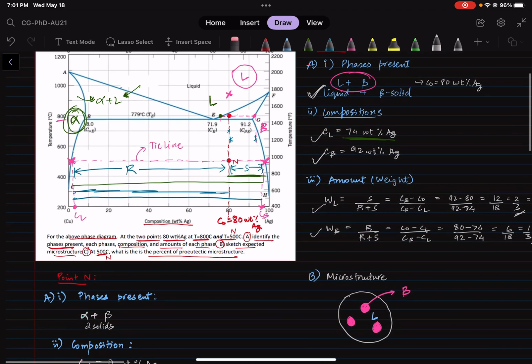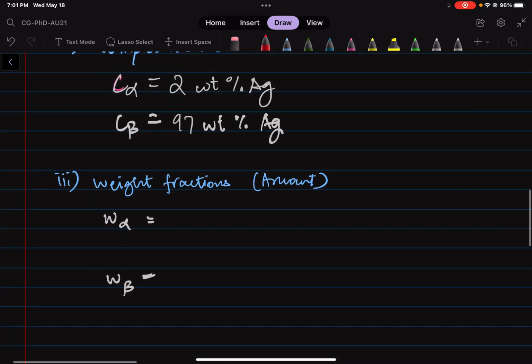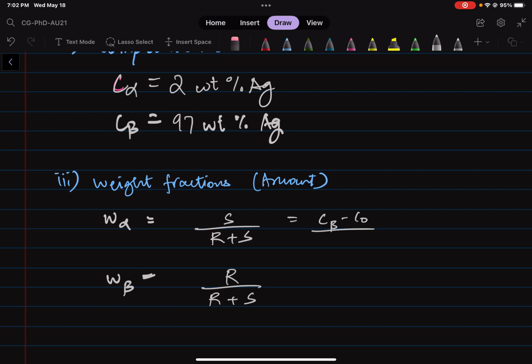For alpha, because alpha is on the left, you will use the stuff on the right, which is the S. So this will be S over R plus S, and the beta will be R over R plus S. And then this S can simply be written as C beta minus C naught over C beta minus C alpha. The R can be written as C naught minus C alpha over C beta minus C alpha.